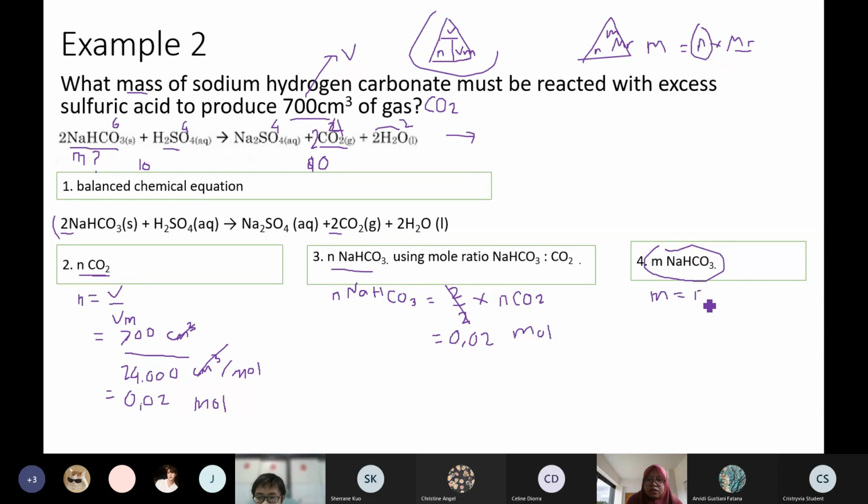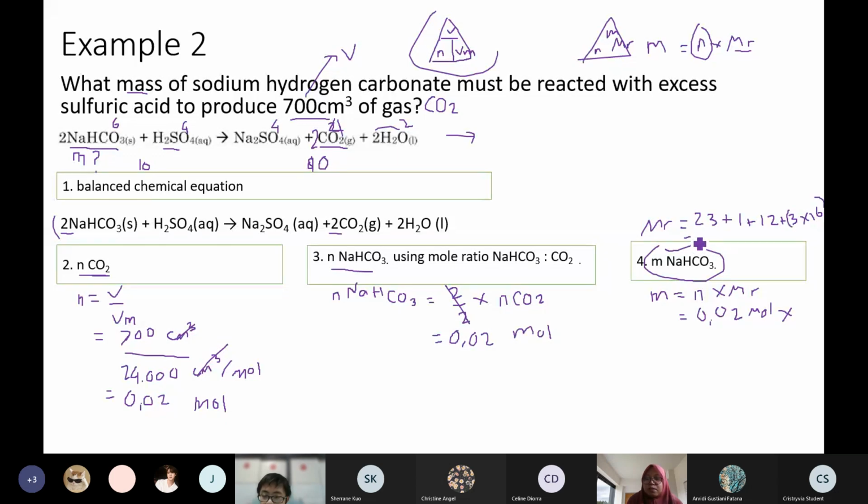Mole of NaHCO3 times Mr. Mole is 0.02 mole times Mr. Let's calculate: Na 23, H 1, C 12, and then oxygen 16. 3 times, because we have 3 oxygen atoms, 3 times 16.